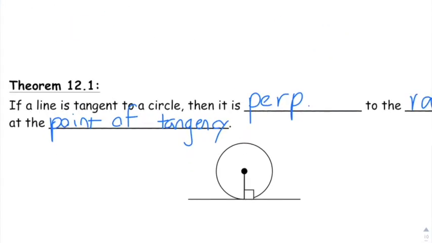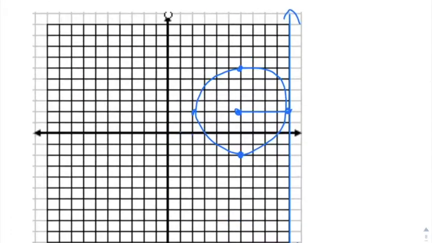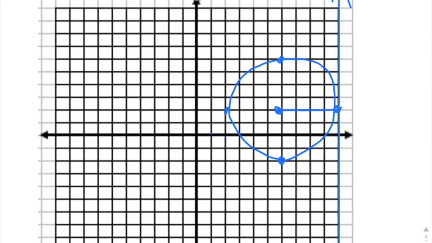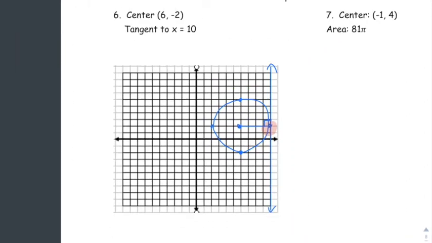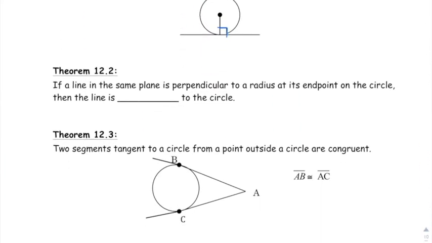So if you have a tangent line, you're going to have a right angle. And then there's an example we did before dealing with the circle, where we had a line that was tangent, and we were trying to figure out how long the radius was. If you look closely at this graph, the only way this happens is if it's a right angle there.